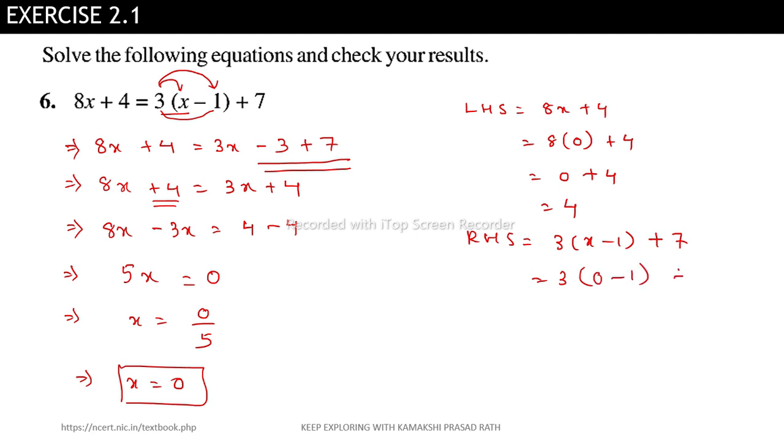So 0 minus 1 is minus 1, and 3 times minus 1 is minus 3, plus 7. We get minus 3 and plus 7, opposite signs. We need to subtract and put the bigger sign, we get 4. Hence again LHS is equal to RHS, hence it is verified.